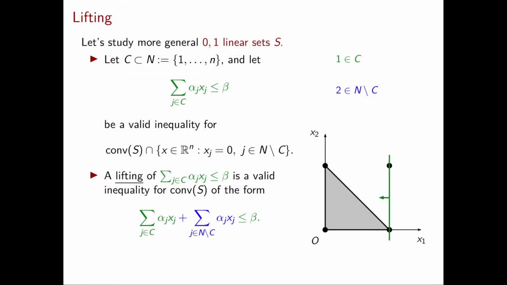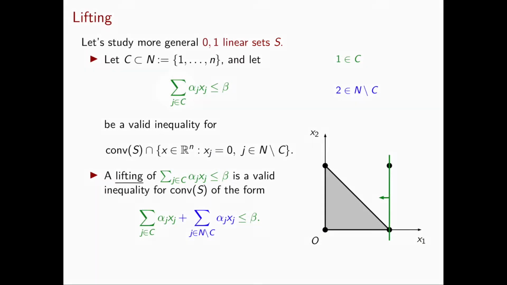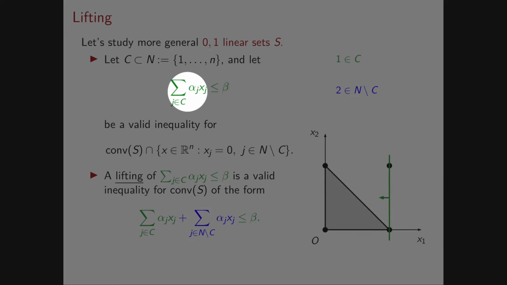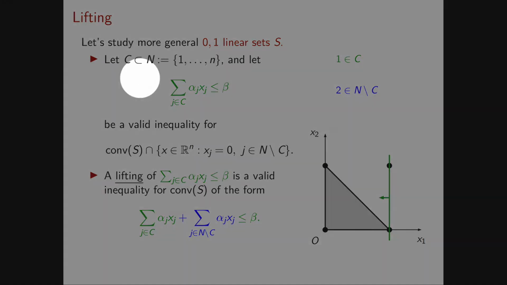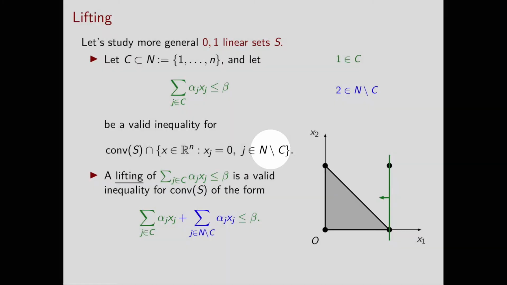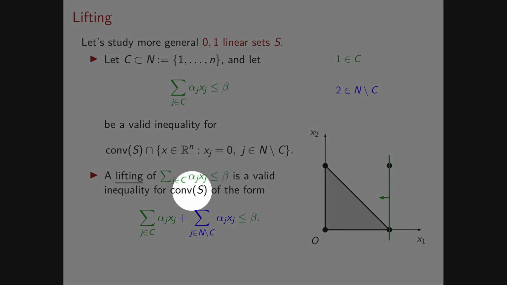So let's look at a more general 0-1 linear set that we denote by capital S. Then pick a valid inequality where the only variables that appear correspond to a subset capital C of all the variables N. And let's assume that this inequality is valid for the convex hull of S intersected with xj equal to 0 for every j that is not in C. Then we define a lifting of this green inequality as a valid inequality for the convex hull of S of the form that we have here.